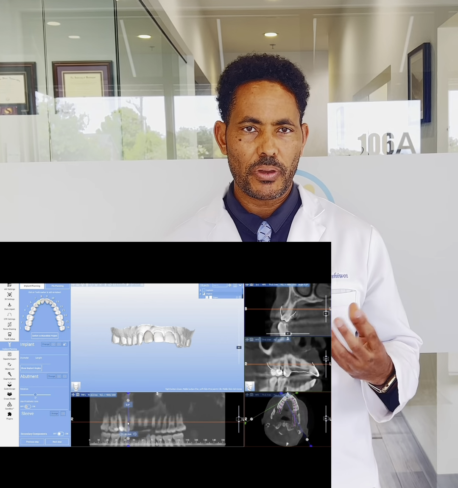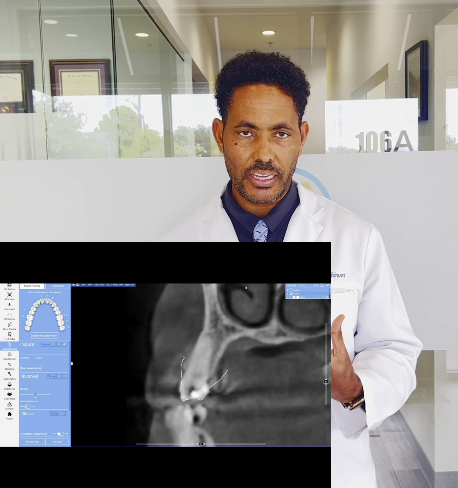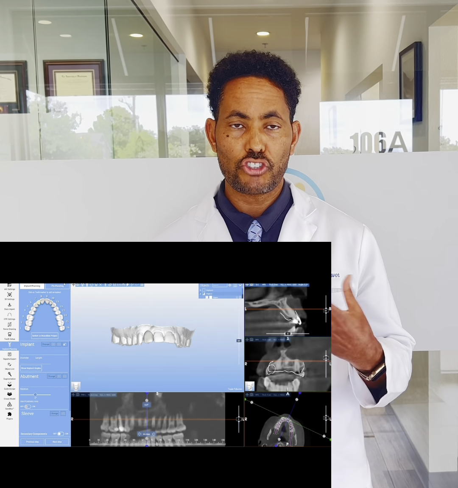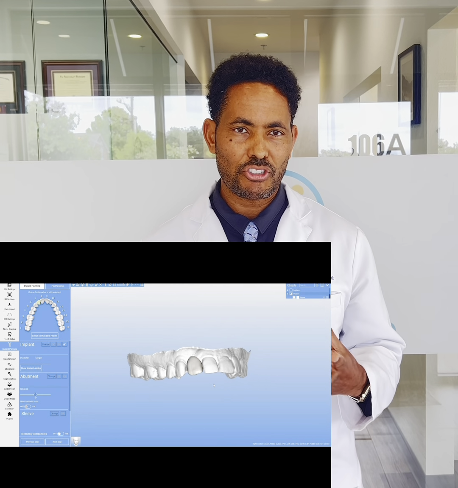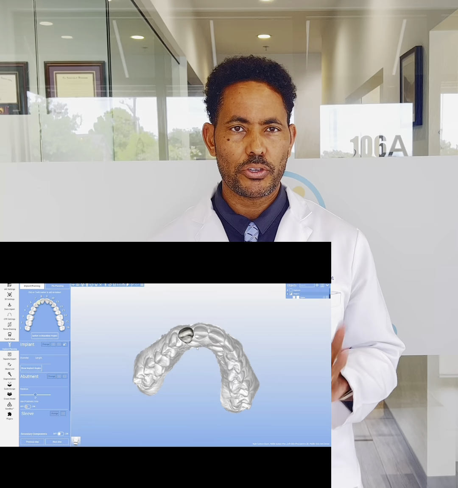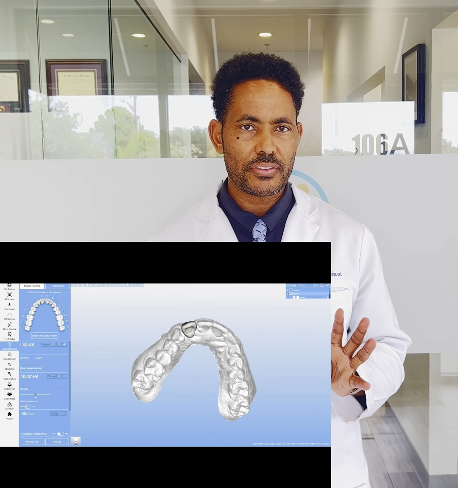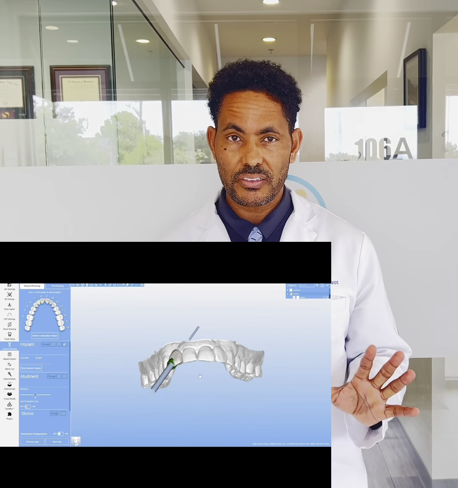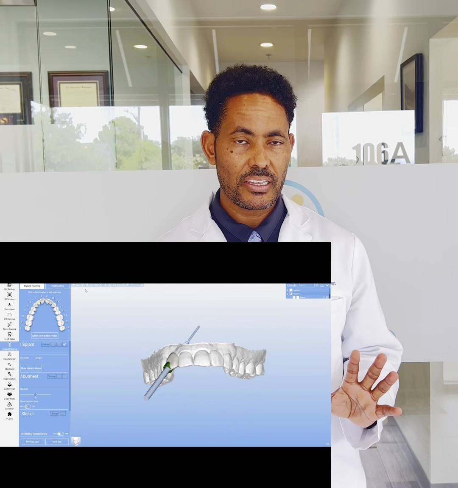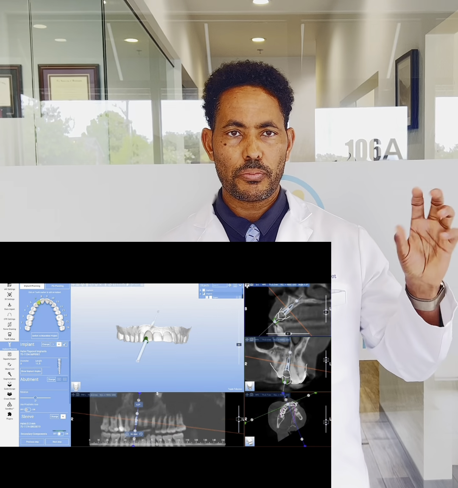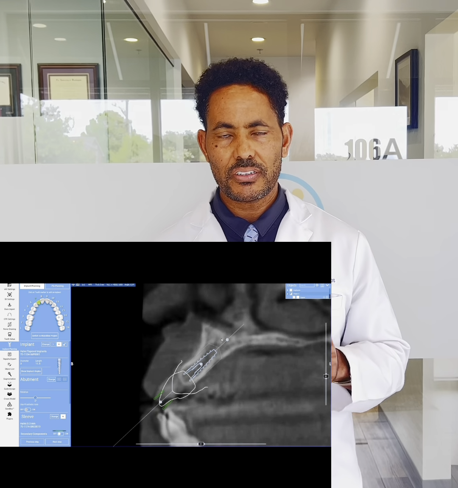Luckily, in this case, our young lady has agreed to proceed with the ridge augmentation. That usually takes about 3 months to occur. We do the grafting, let it heal for 3 months, and then take another new scan so we can tell the bone growth from before and after.